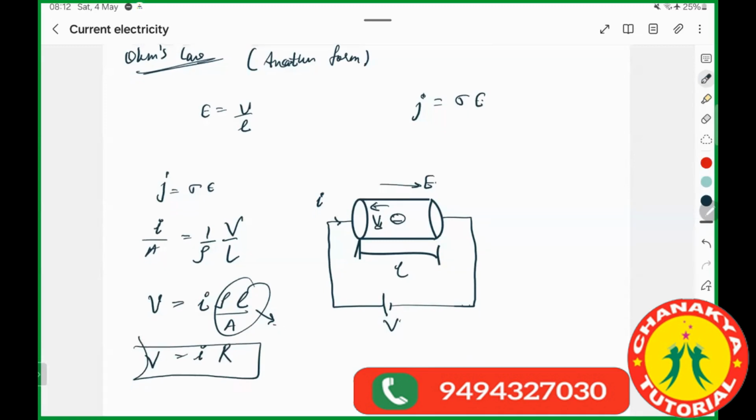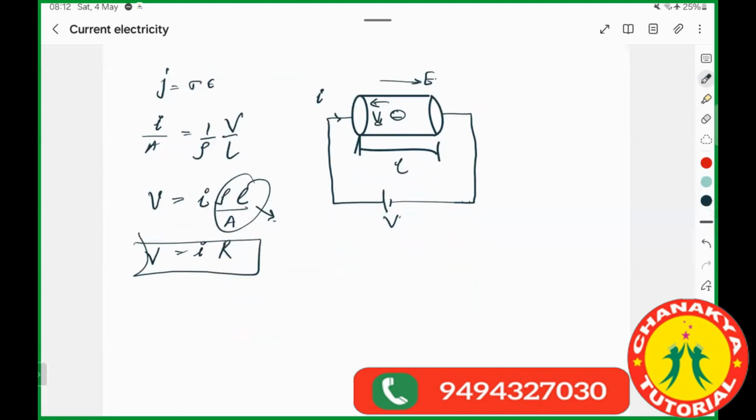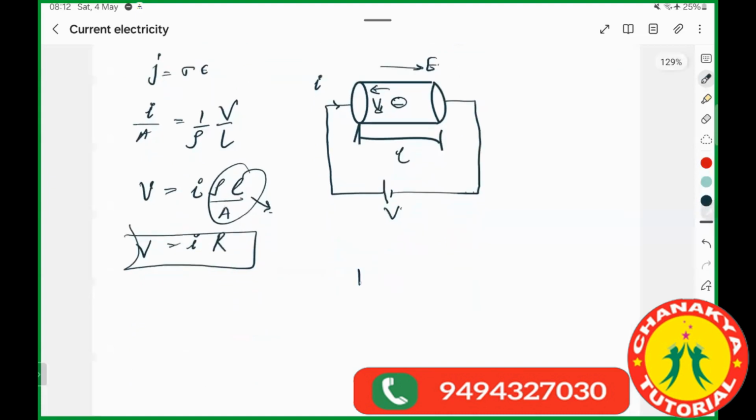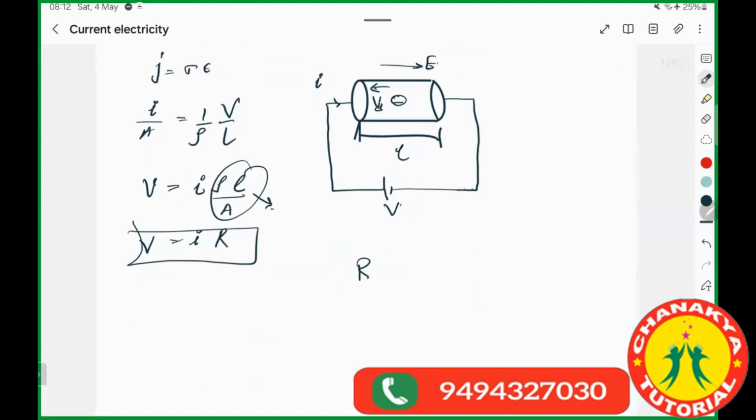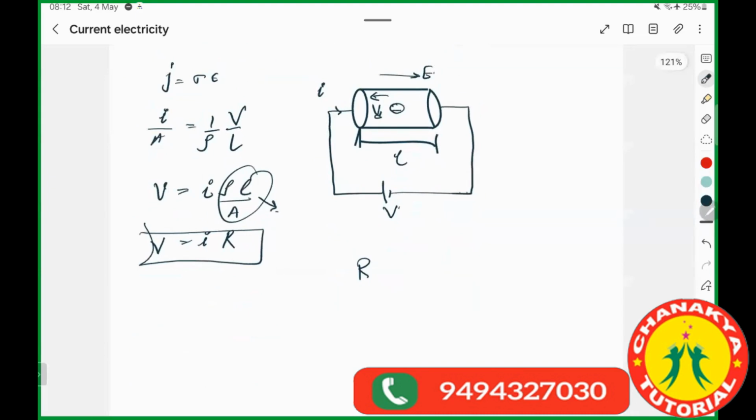And that's the definition, right? The potential difference across the ends of a wire is directly proportional to its current. R equals rho L by A, or L by sigma A, either way.